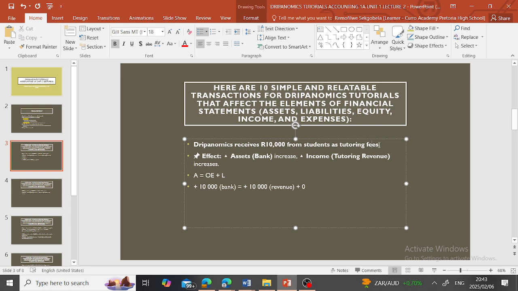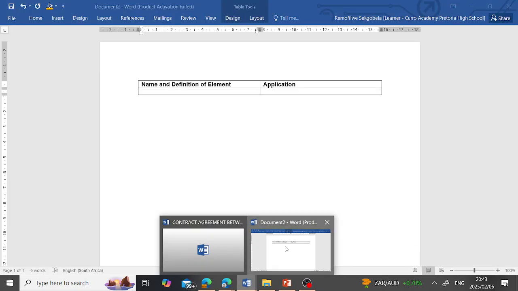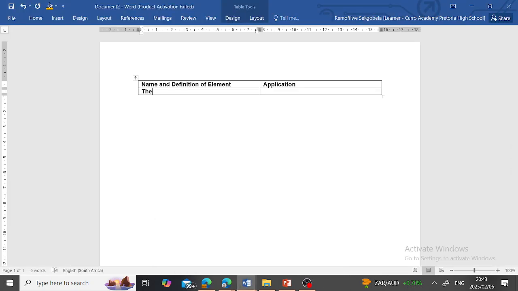So you should think, this is most probably income, right? And income falls under what? Equity. So when you're applying the definition, you're going to say the above mentioned element is income, which is equity. First point. And then you define what equity is.